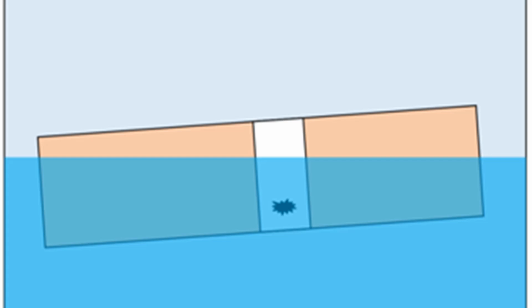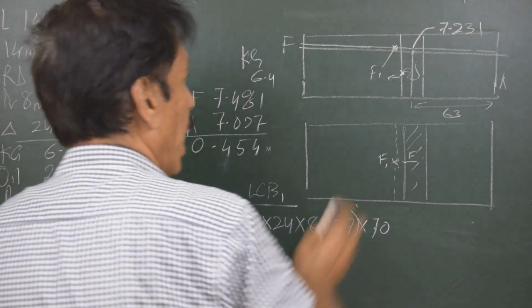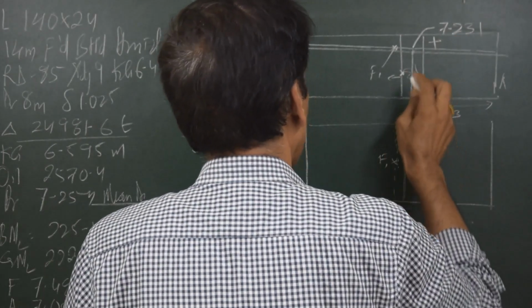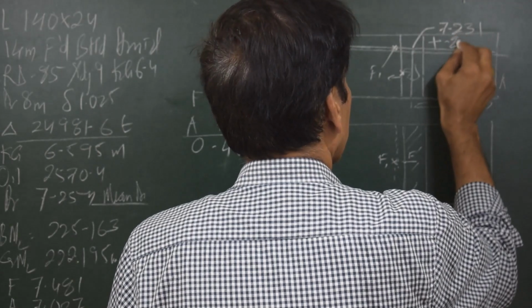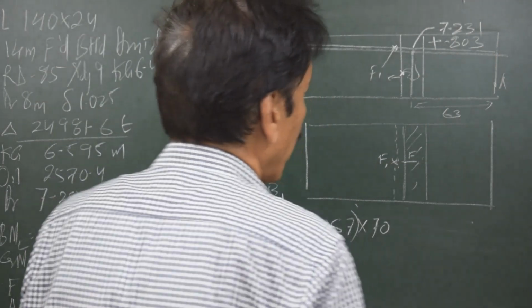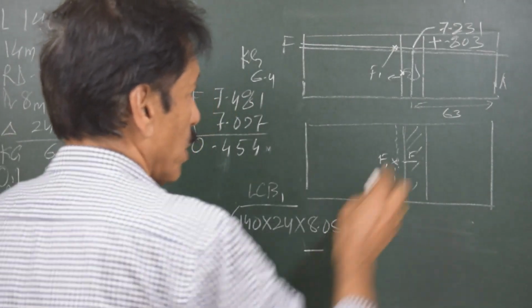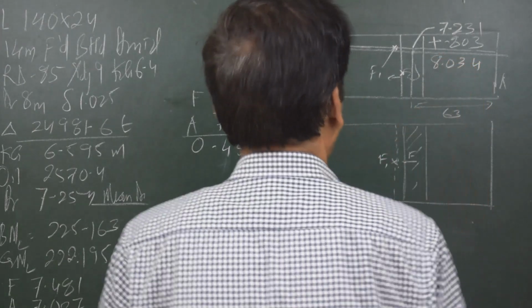So the mean draft over here is 7.231 before damage, and after damage the draft becomes 7.231 plus 0.803. So we assume that initially the ship sinks bodily, and thereafter the trim change will take place. So this is 8.034.